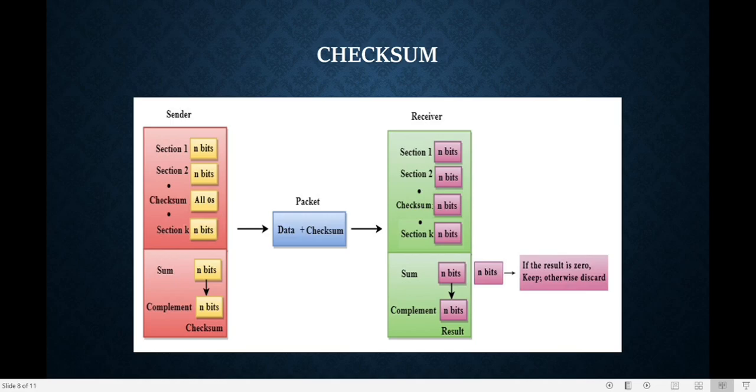The checksum segment is sent along with the data segments. At the receiver's end, all received segments are added using ones complement arithmetic to get the sum. The sum is complemented. If the result is 0, the received data is accepted, otherwise it is discarded.